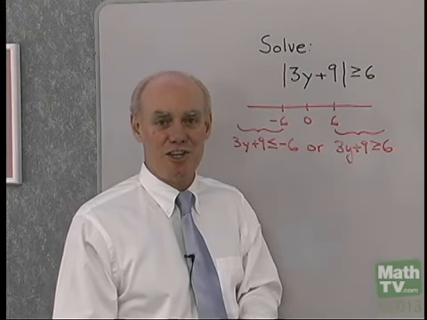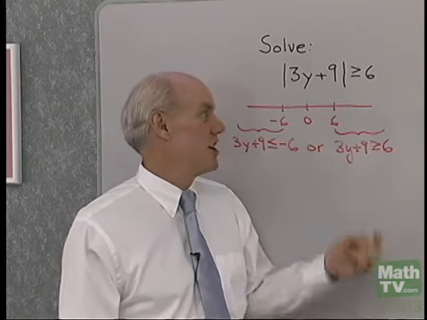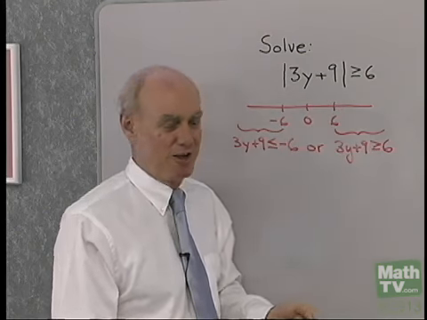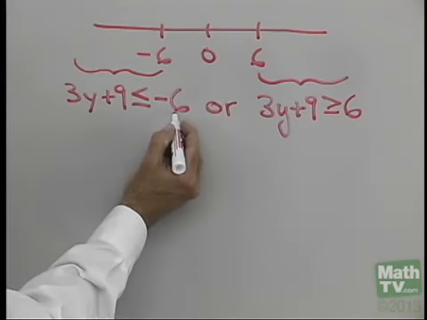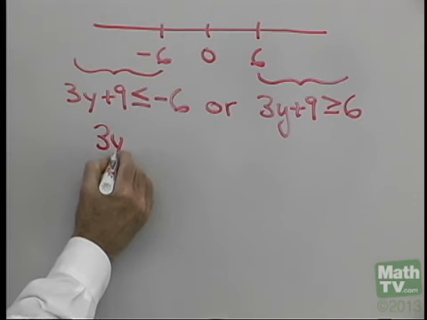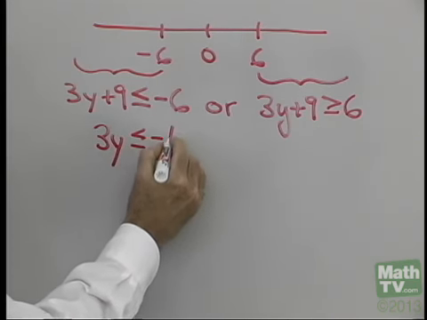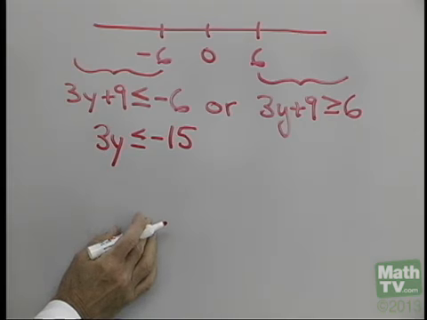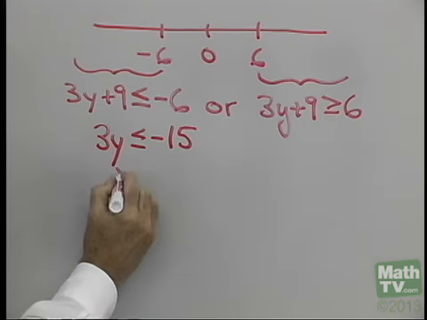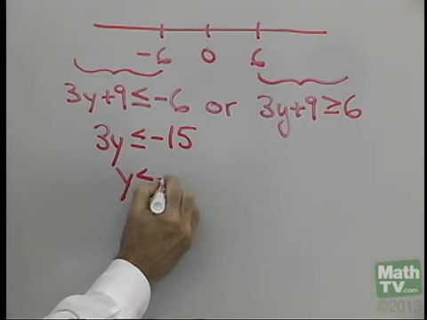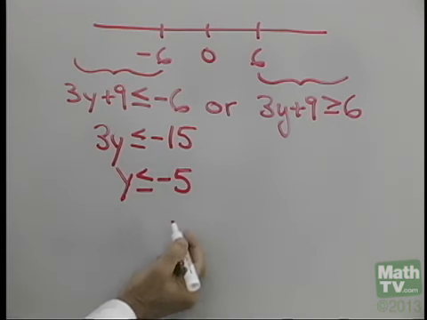Now I'll simply solve these two inequalities to get my solution set to my original absolute value inequality. Adding negative 9 to both sides here, I have 3y less than or equal to negative 15. Multiply both sides by 1/3. Y is less than or equal to negative 5.